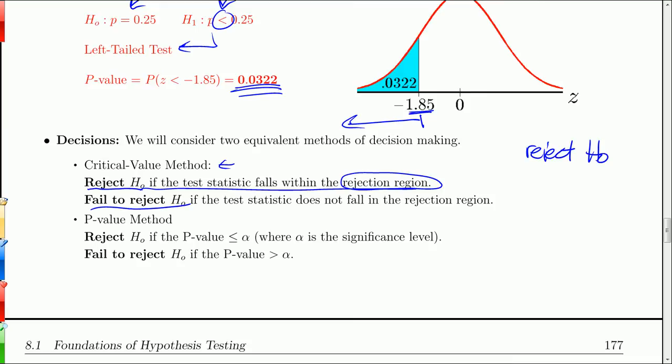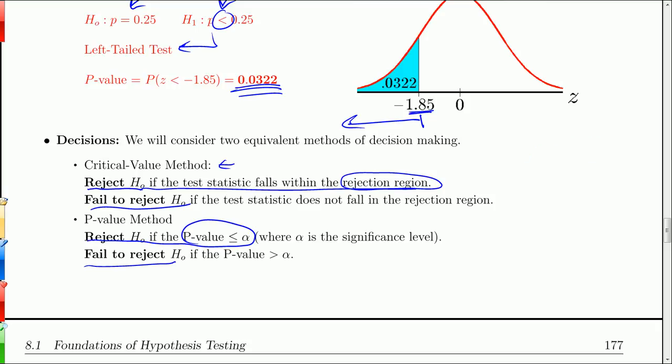And then the p-value method, you reject H0 if the p-value is smaller than the significance level. Right, so if the p-value is small, particularly smaller than the significance level, you reject the null hypothesis. And you fail to reject the null hypothesis if it's not. And these are actually identical. You'll never reject under one system and fail to reject under the other.